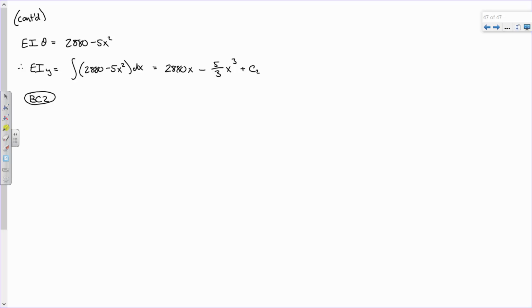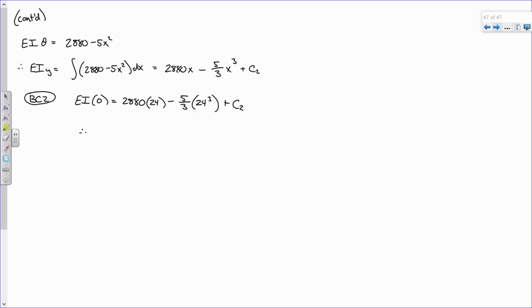And so what our second boundary condition states is that if you plug in x equals 24, you get a deflection of 0. So we have EI times 0 is 2880 times 24 minus 5/3 times 24 cubed plus C2.